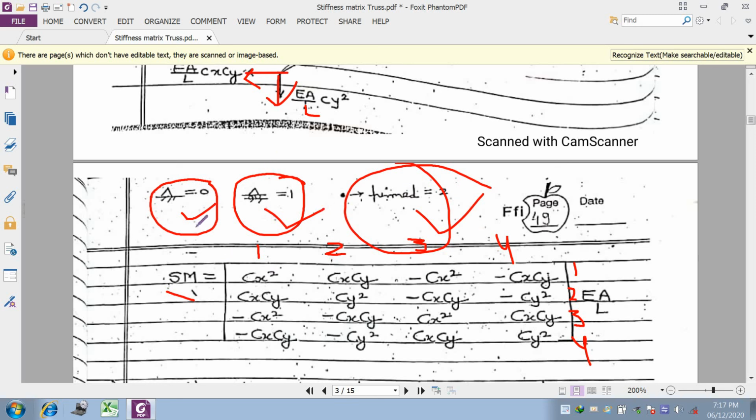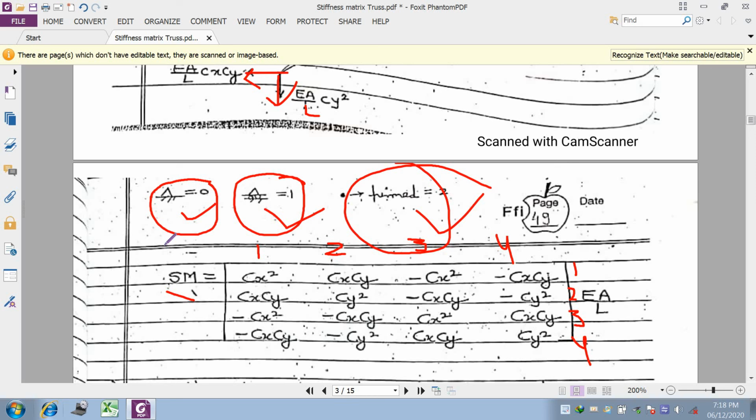So this was the formation of the structural matrix. You must understand and remember this thoroughly, because unless you understand this formulation of the 4x4 stiffness matrix, you will not be able to solve the numerical.